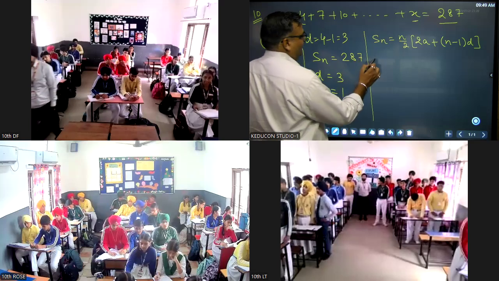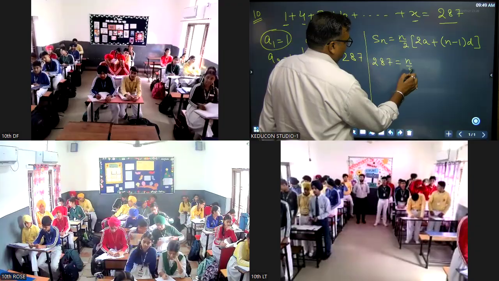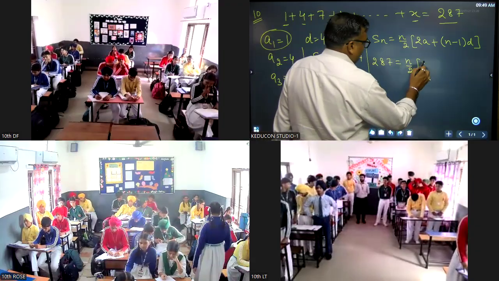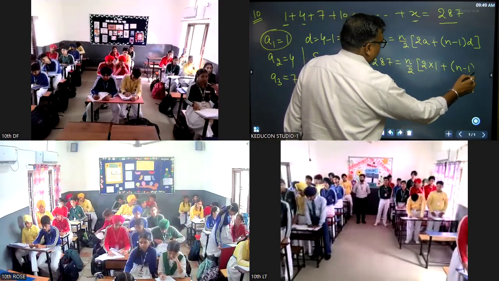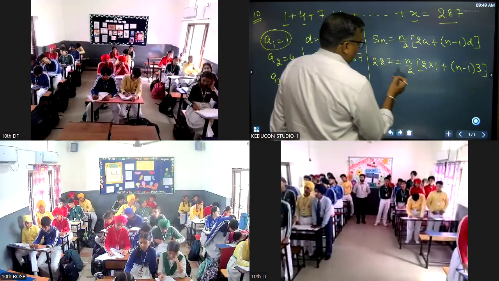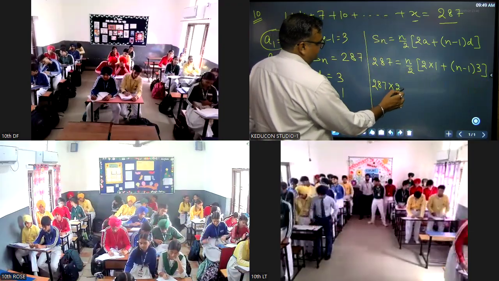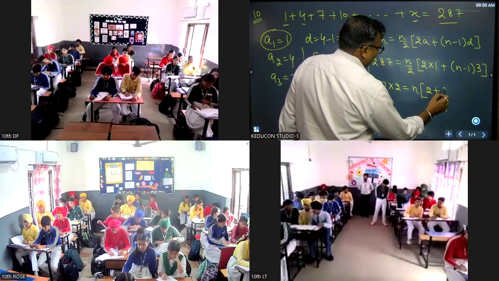So what is Sn? 287 equals n by 2, into 2 into 1, plus (n minus 1) into 3. Multiply by 2 on this side, 574 equals n into (2 plus 3n minus 3).